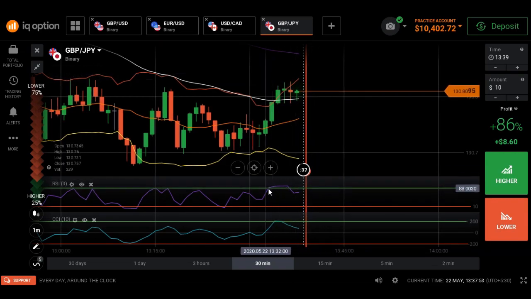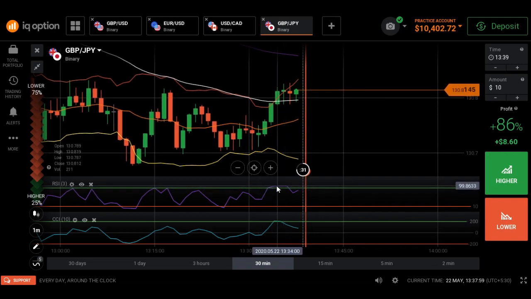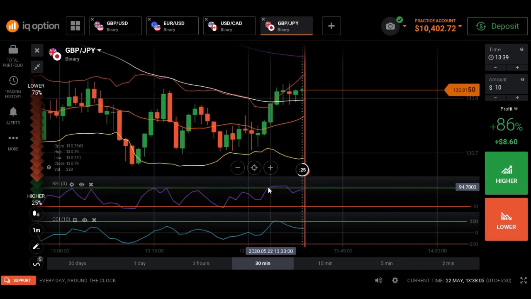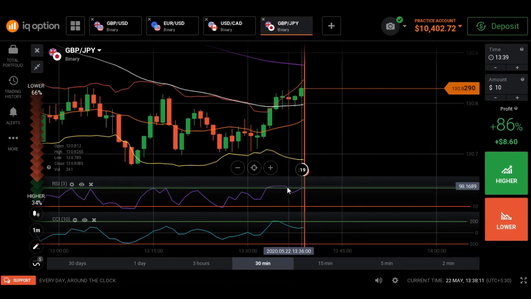Sometimes what actually happens here is that we want RSI to get confirmed. That's the thing I want to show you. Sometimes RSI doesn't go down to the level we want.